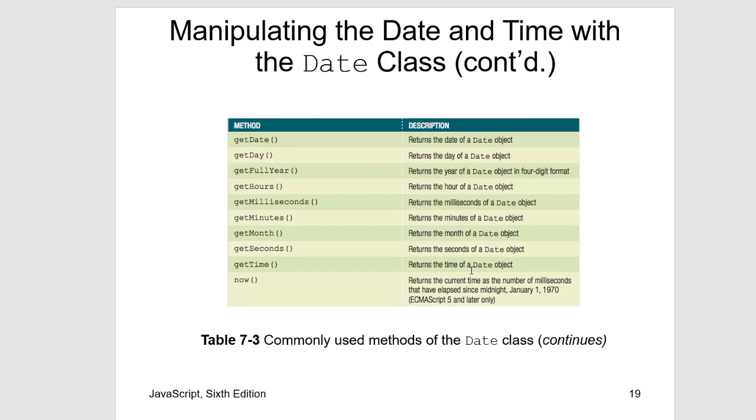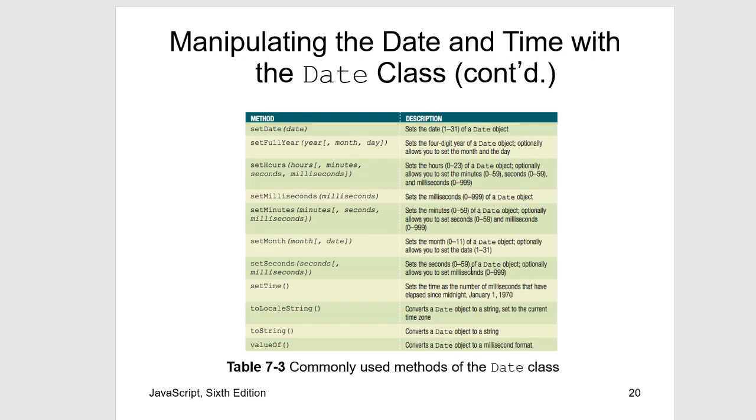So once you've created it, maybe it's the date that someone became a member of a company or their birthday or whatever. Now we can use any of the date functions to pull out the day, full year, hours, milliseconds, month, seconds, minutes, time, or even the precise date right now, which you can create the date from.